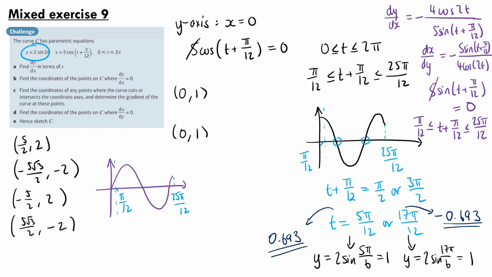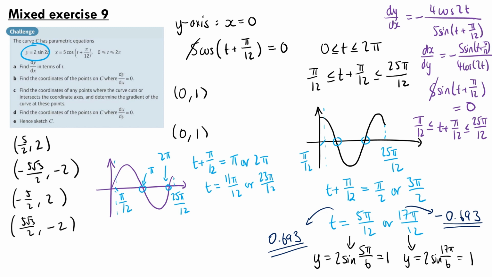And we're looking for solutions in this interval, so it's going to be here and here, where sine of (t plus pi over 12) is equal to 0. So we've got t plus pi over 12 is equal to, that there is pi, and that there is 2 pi, so pi or 2 pi. So we have solutions t equals pi minus pi over 12, which is 11 pi over 12, and 2 pi take away pi over 12, which is 23 pi over 12.